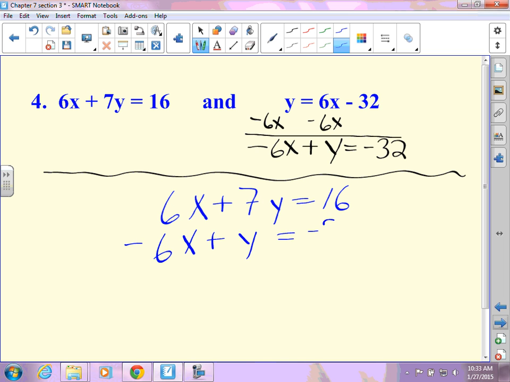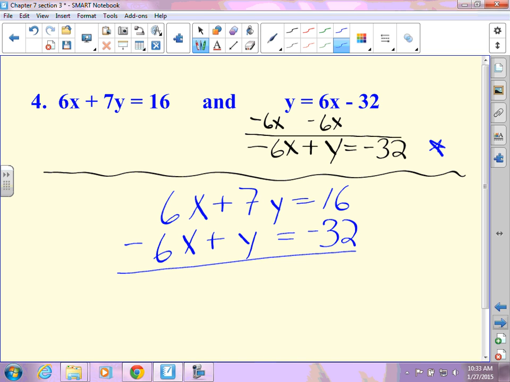If you want to multiply this equation right here by -1 to not have the -6, that's fine, but truthfully, it's okay to have it at this point because we're going to use it to find an ordered pair. Does that make sense? You don't have to do it right now because this is not my final answer. If this right here that I started was your final answer, then yes, you'd multiply it by a -1. But I'm using it right now to solve for an ordered pair. Good question. Okay, I'm going to add this.